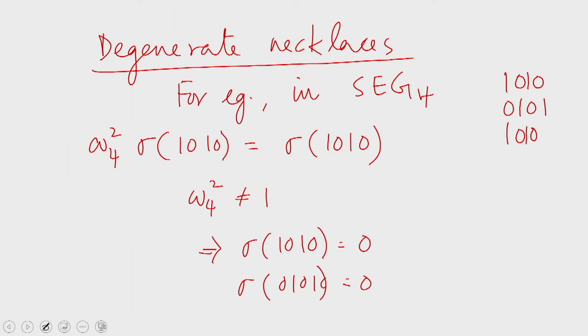So, degenerate necklaces happen when we have cycles within the binary representation. For example, the binary representation of 1010 is cyclic. It has the same unit 1010 repeating multiple times. So, when the binary representation is cyclic, then we have degenerate necklaces.